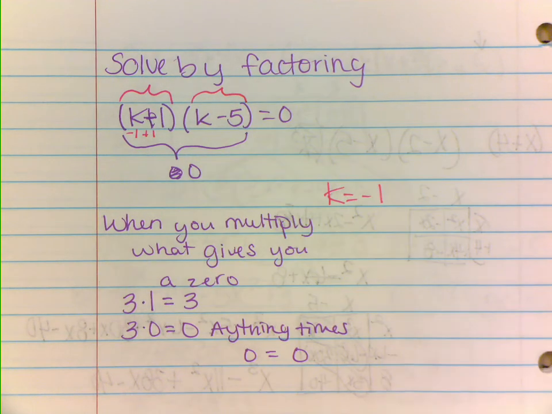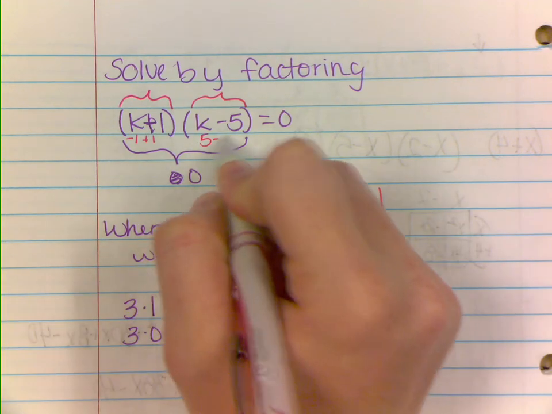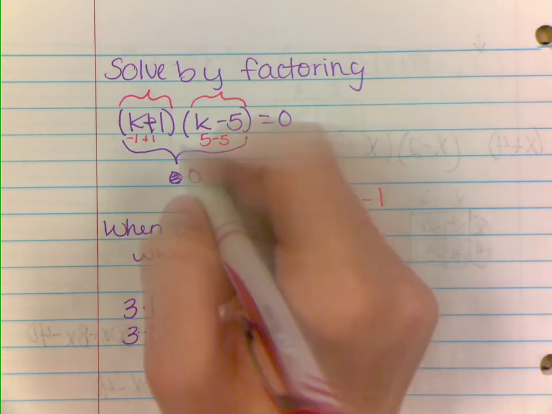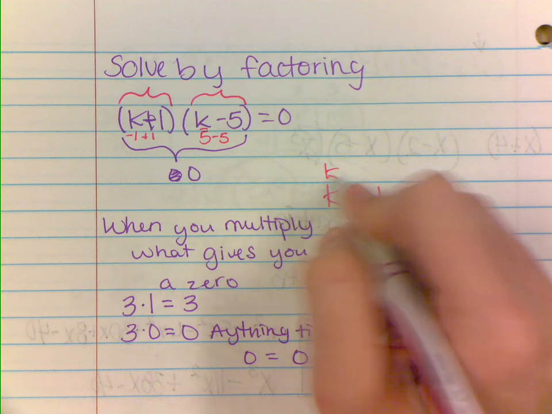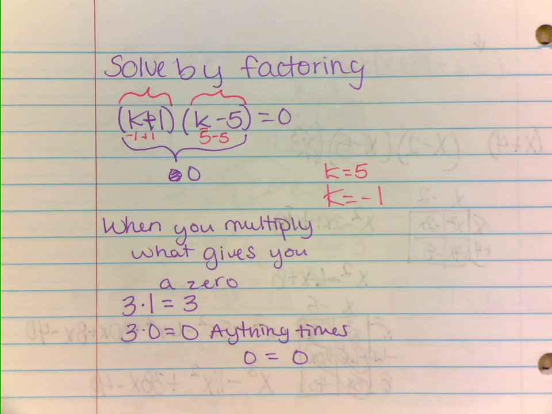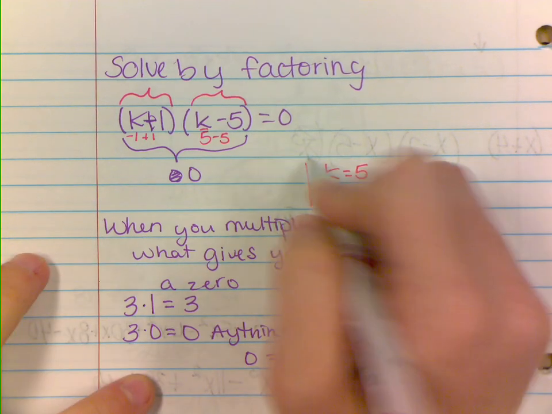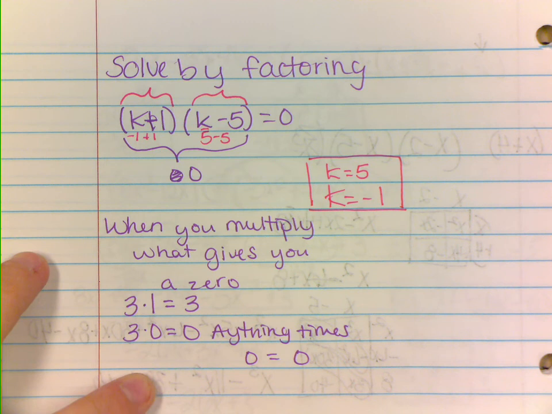How could I make it equal to 0? 5, because what's 5 minus 5? 0. So my k can equal 5 or negative 1. Now, do you remember yesterday when we were solving those problems, there were 2 answers, weren't there? How many answers do I have here? 2.